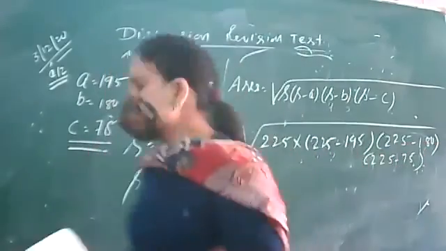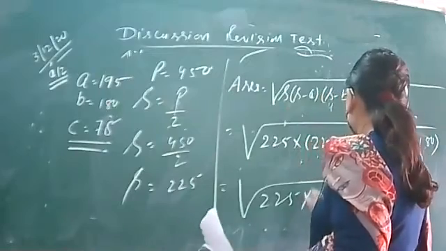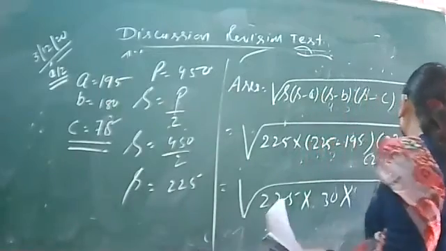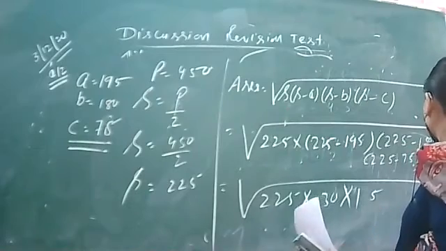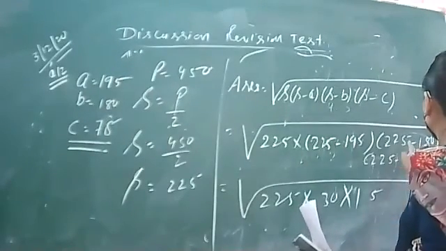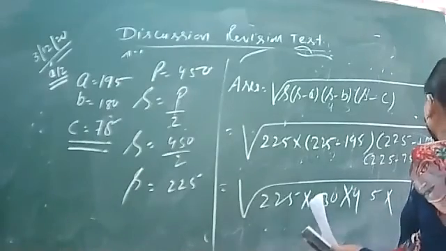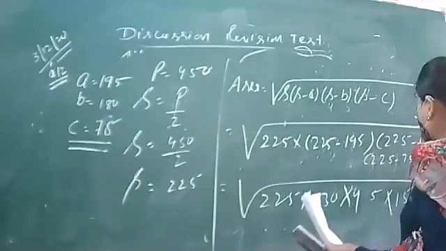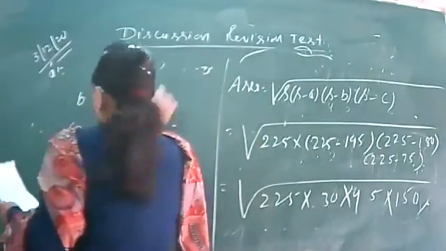Now let us subtract first: 225 multiplied by 30, multiplied by 45, multiplied by 150.